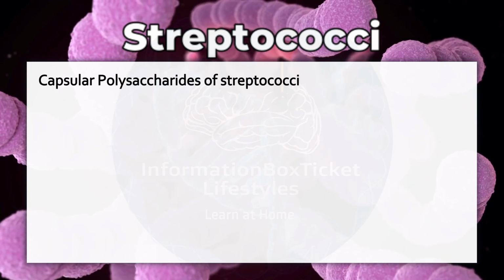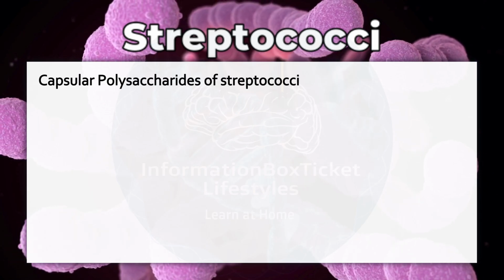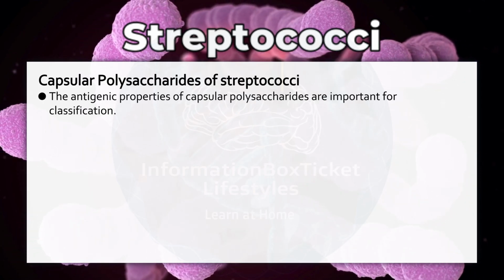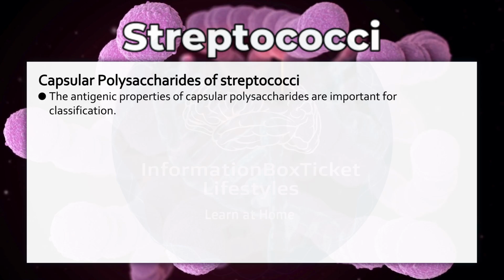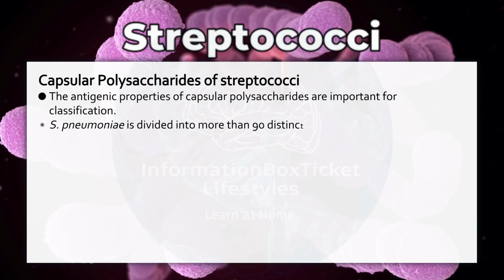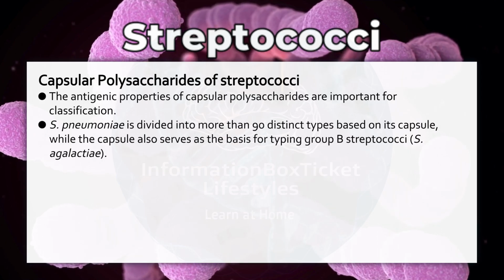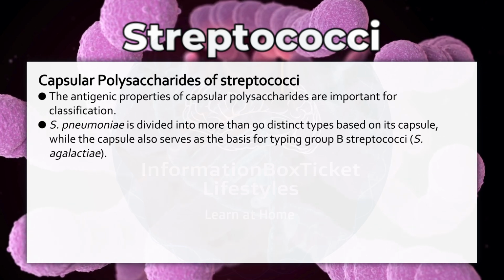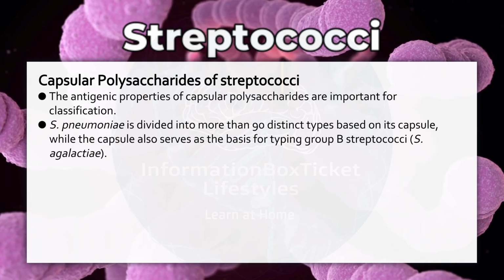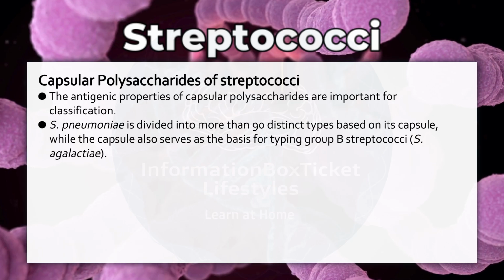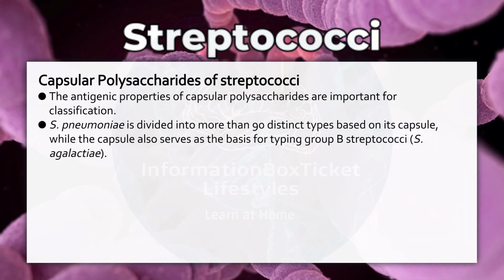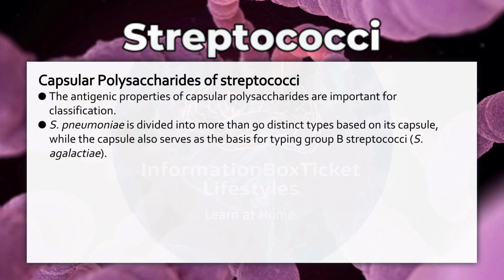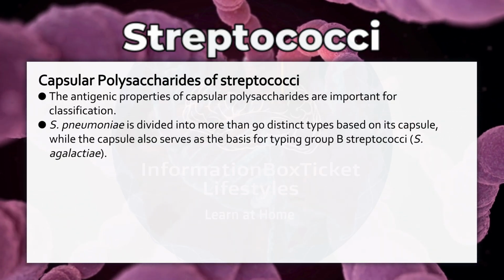Capsular polysaccharides of Streptococci. The antigenic properties of capsular polysaccharides are important for classification. Streptococcus pneumoniae is divided into more than 90 distinct types based on its capsule, while the capsule also serves as the basis for typing group B Streptococci, Streptococcus agalactiae.